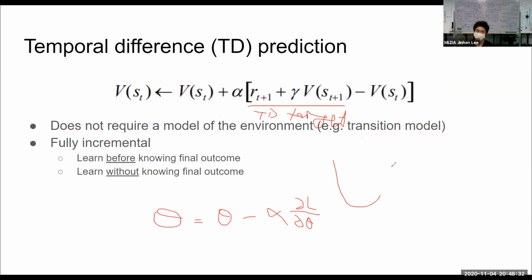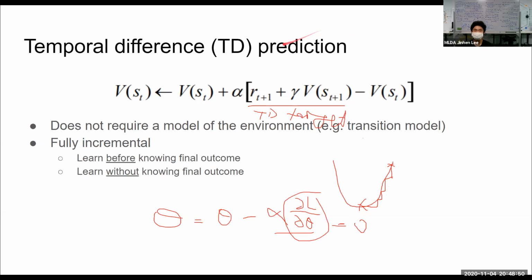If your loss function is this, and your initial theta is here, you keep subtracting this term to get closer and closer to this point where this thing is equal to 0. So there is no more change.